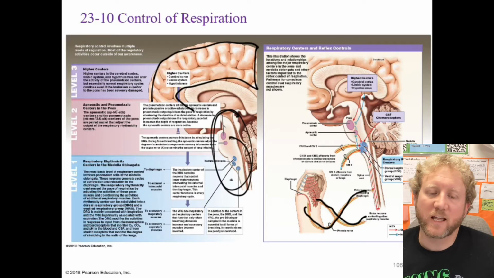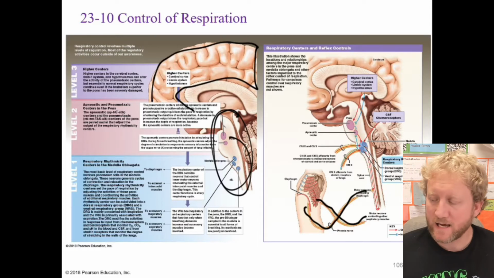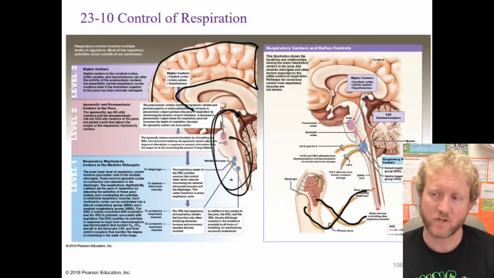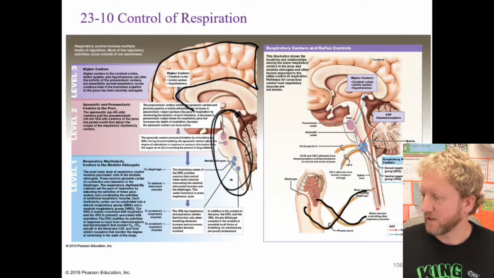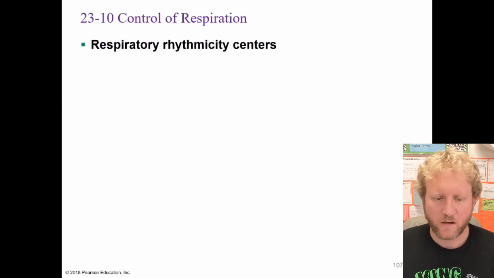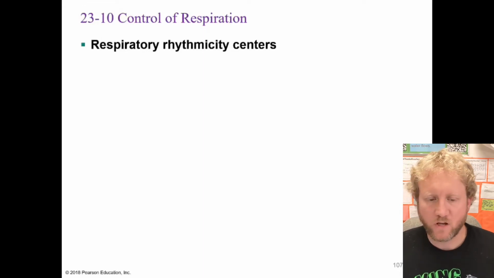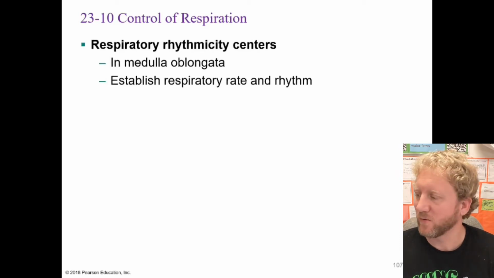They're going to regulate both the frequency of pulmonary ventilation and the depth of pulmonary ventilation in response to sensory information, stress response, elevated CO2 levels, stuff like that. Starting with the most basic, the rhythmicity centers are located in the medulla oblongata and establish the respiratory rate and rhythm, that sort of regular in-out motion.